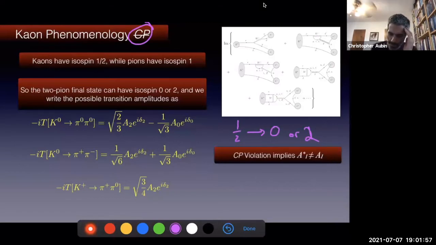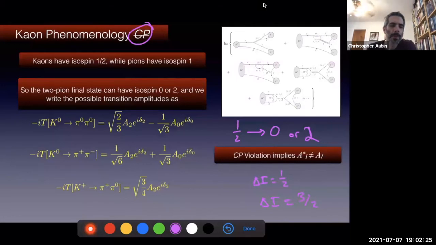Such processes are often referred to as delta I equals 1/2 or delta I equals 3/2. In the case where I'm going to the isospin 0 channel of the 2 pion state, that's obviously a delta I equals 1/2 process. And if I'm going to a 2 pi state that has isospin 2, then it's a delta I equals 3/2 process.